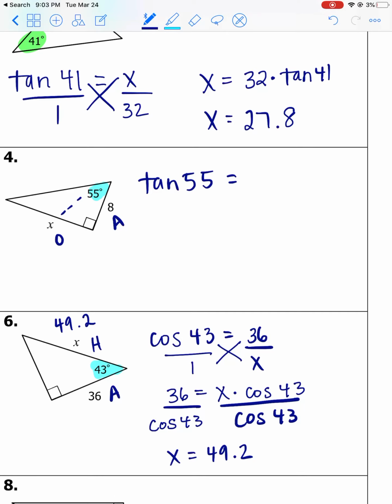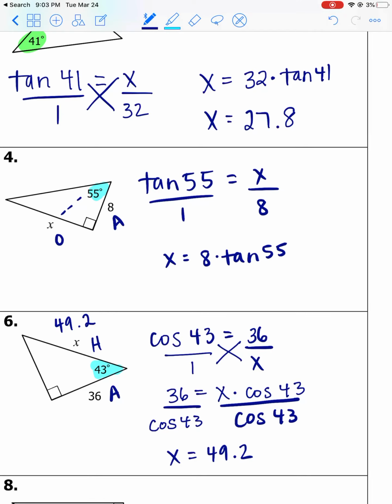So tangent of 55 equals SOHCAHTOA, opposite over adjacent. Opposite is x, adjacent is 8. It's really important that you do x over 8 here, not 8 over x, because x is the opposite, 8 is the adjacent. And then you just cross multiply. X equals 8 times tangent of 55.